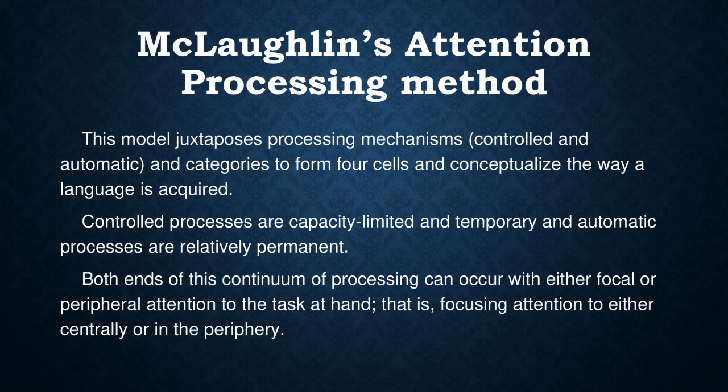But now let us focus on these first two terms, controlled and automatic, regarding the processing mechanism. Controlled processes are capacity limited and temporary, while automatic processes are relatively permanent. We can think of controlled processing as typical of anyone learning a brand new skill, in which only very few elements of the skill can be retained.